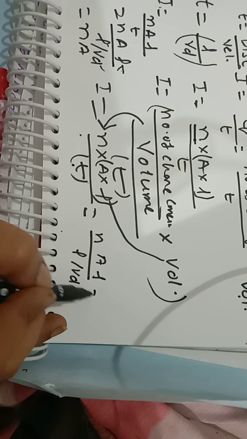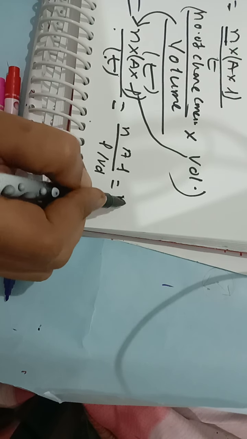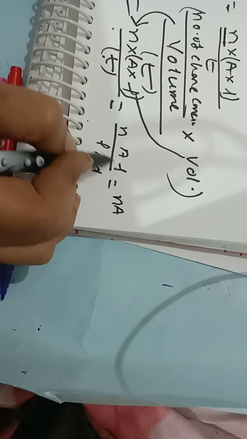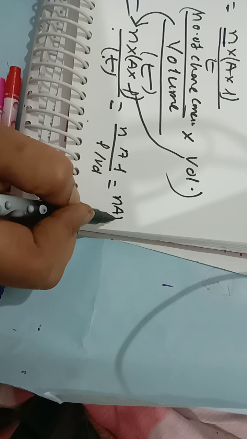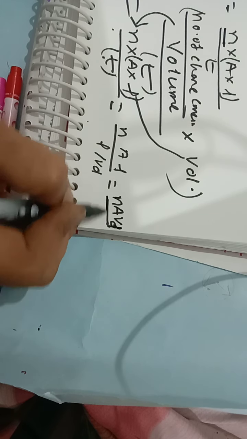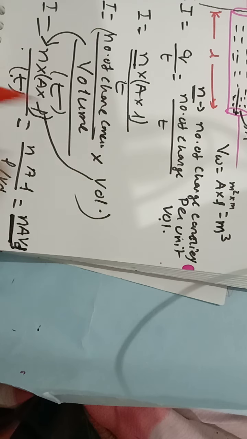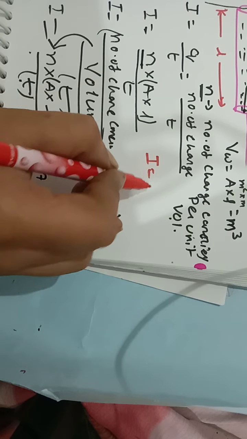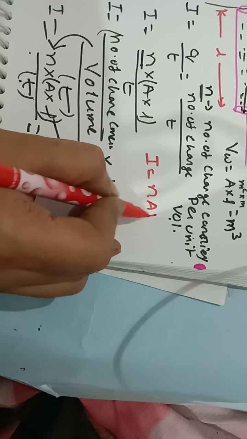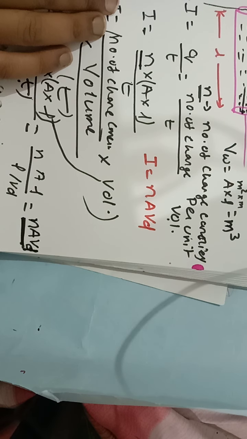NAL will get cancelled, and Vd will go in the numerator. This is the drift current. So we can see that drift current can be represented as NAVd, right?